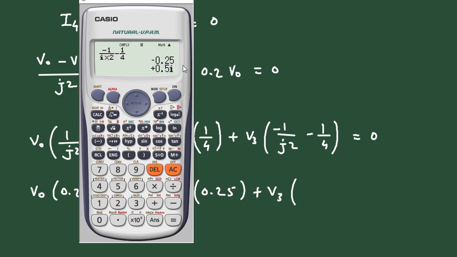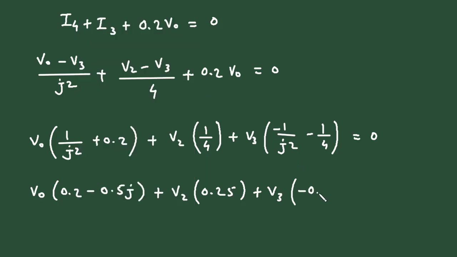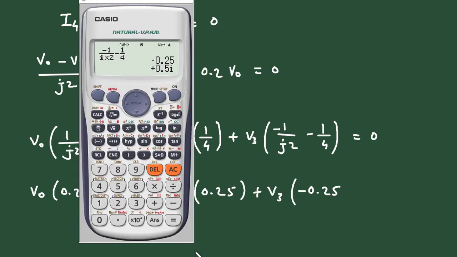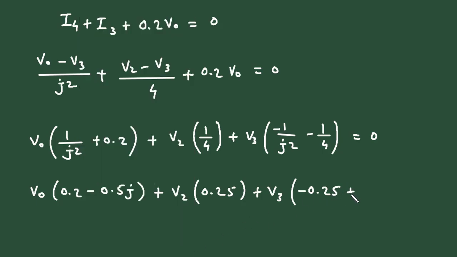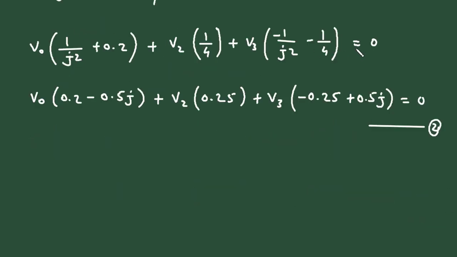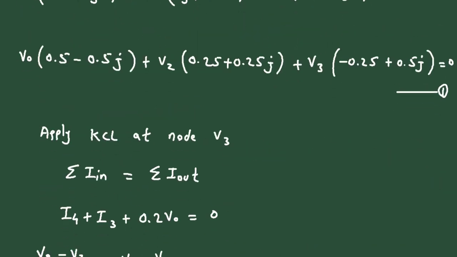It is equal to minus 0.25 minus 0.25 plus 0.5j. It is equal to 0. Now let's assume this as equation number 2. Now we got two equations, equation 1 and equation 2.